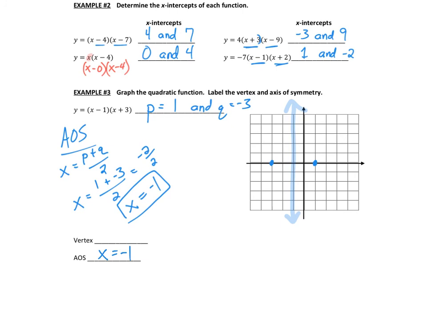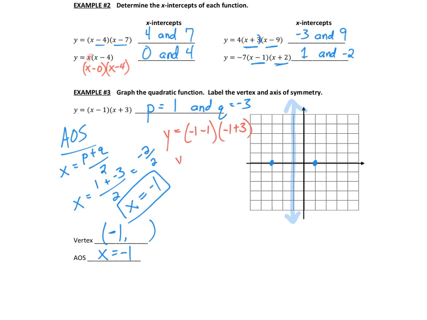And then we got to find the vertex. We know the x value of the vertex is -1. To find the y value, we have to plug that in. So I want to plug in -1 to my equation. Y equals -1 minus 1 times negative 1 plus 3. So I got to plug that in to find my y value.